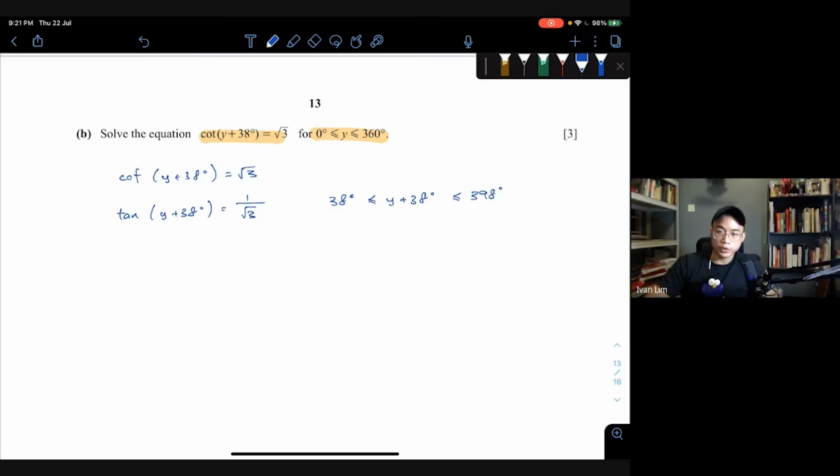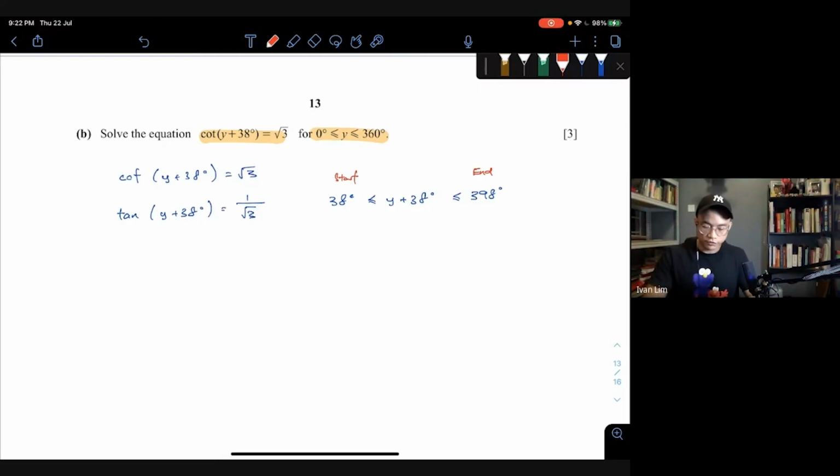Why is this important? Because now my ASTC graph will follow this range of angles. This is my start, and this is my end. You will see specifically how this question will be affected.